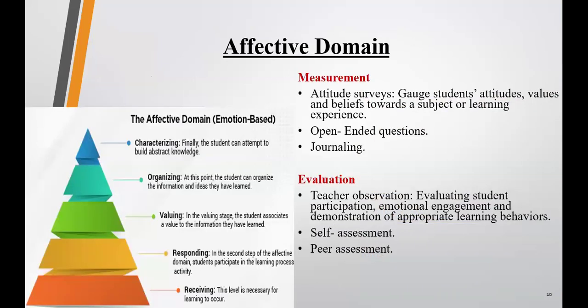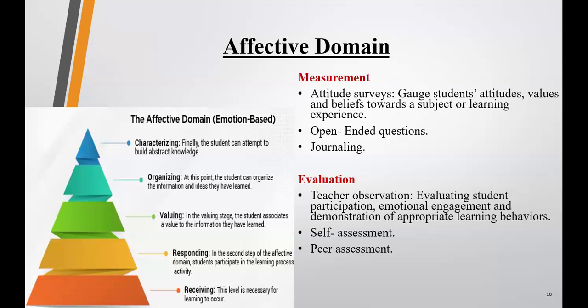Next, affective domain. It is referred to as the domain of communication skills or deals with interpersonal relationships. Measurement methods: attitude surveys, like values and beliefs towards the subject or learning experience, open-ended questions, journaling.